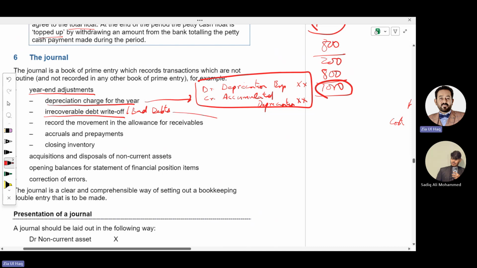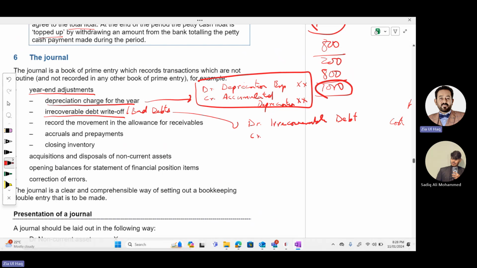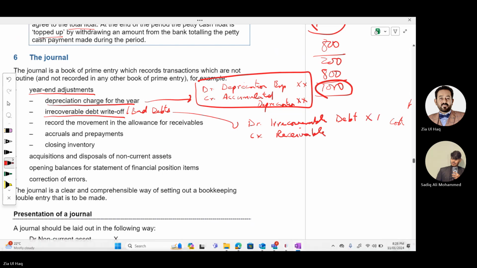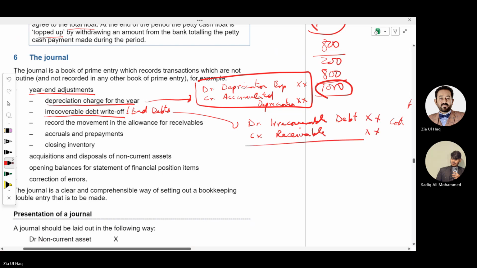And what is the accounting entry? Debit irrecoverable debt, credit receivable. This means we need to reduce the receivable because this receivable will not be collected.